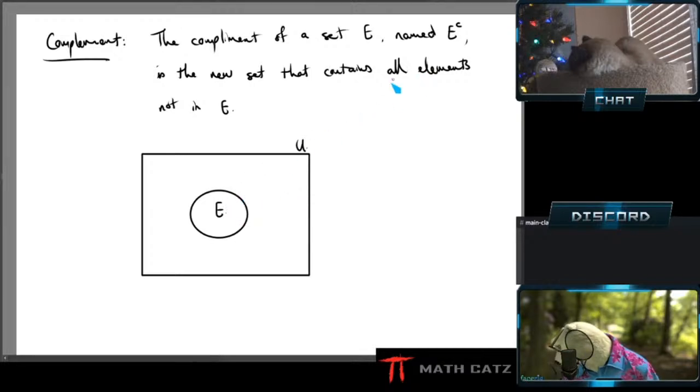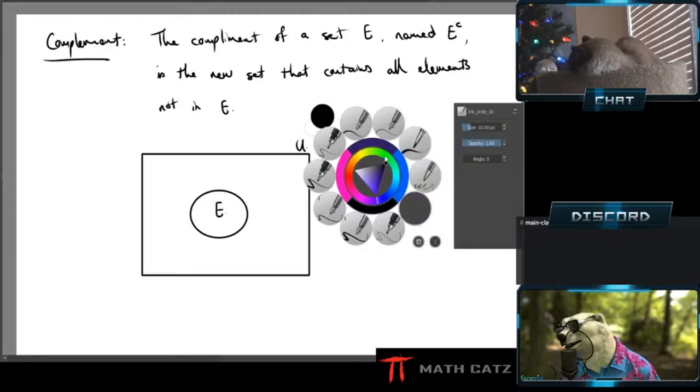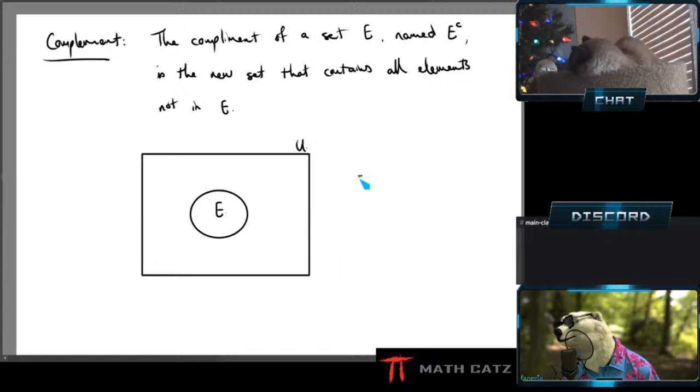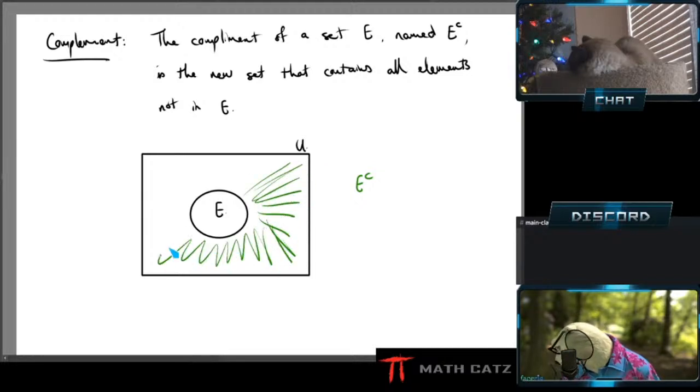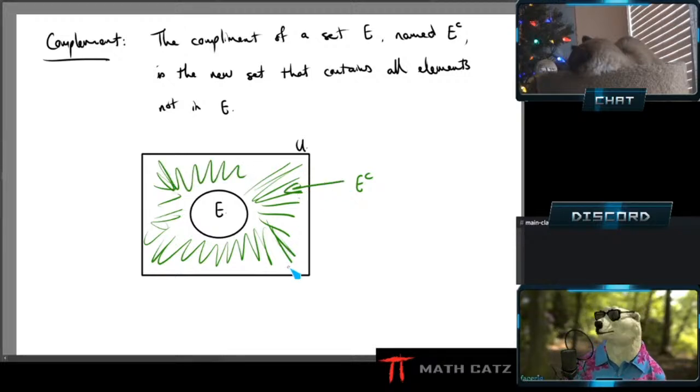The complement is everything else. Visualizing it shouldn't be too bad. It's everything that's not in E.